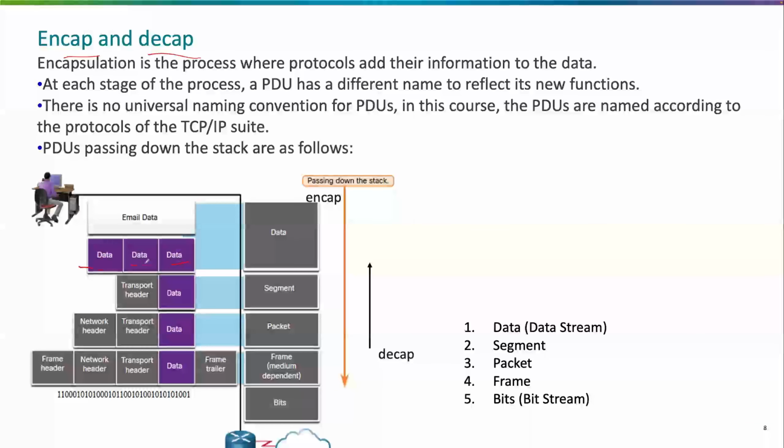Here are three chunks, and they go down to the transport layer, where we call them segments. By adding the transport layer header, we encapsulate this application data into a transport layer structure.